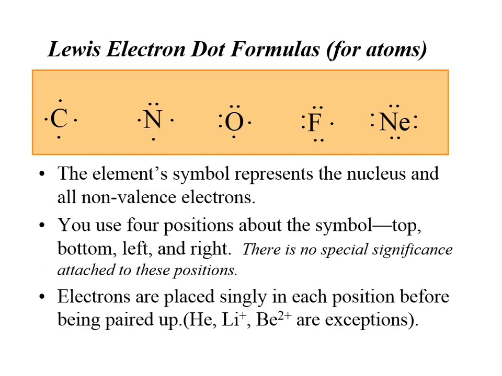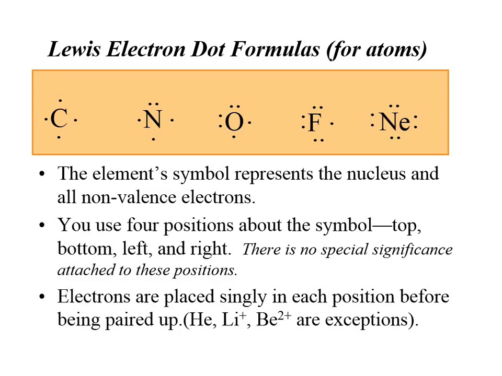All right. But wait, there's more. Okay. These are called Lewis dot formulas. You recognize the carbon, the nitrogen, the oxygen, the fluorine, and the neon. These aren't compounds; these are just elements. Now, if you look a little closer, I'll give you the hint.